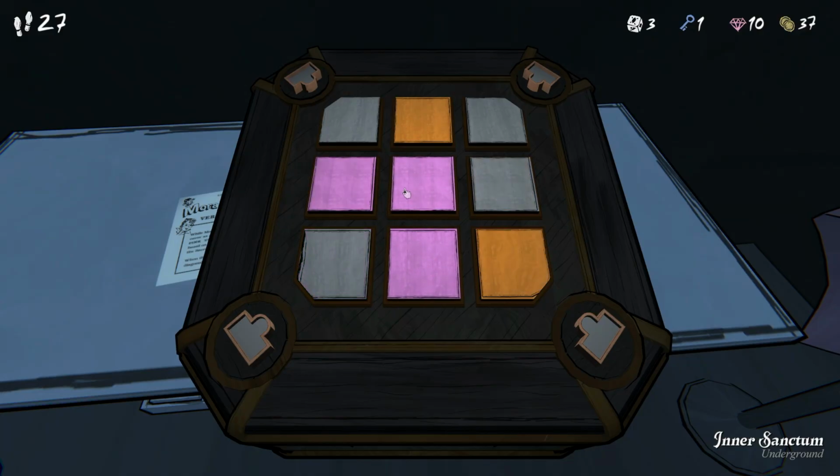Yeah. Oh. Oh. I think if they're bordered... Yeah, okay. So now I just need to get these into proper spots here.